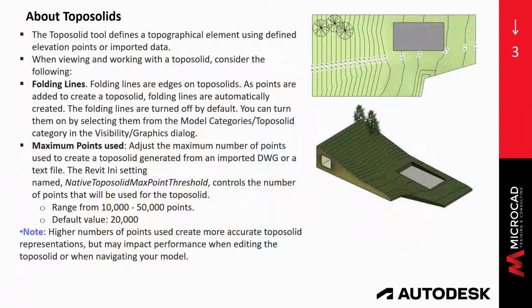The Toposolids, as they're called nowadays, allow you to use defined elevation points, or they allow you to use imported data. There's 2 ways of importing data to create the Toposolid. You can bring in a DWG that was created by a surveyor that has contour lines that are at different elevations.